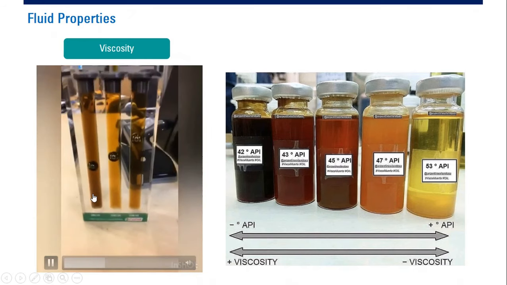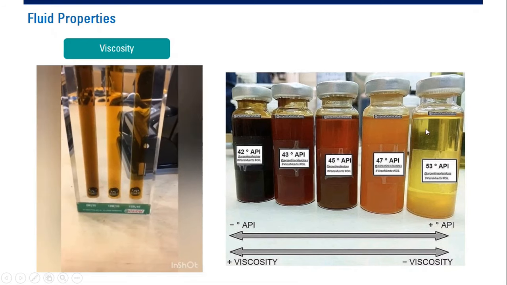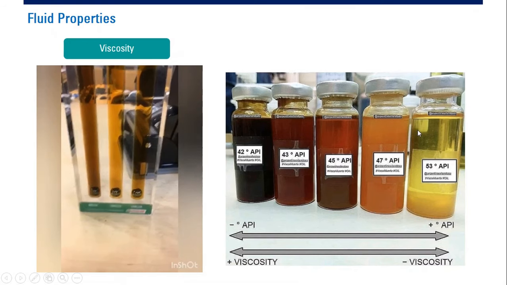And also the gravity or density. We usually measure the density in API degree. To the left we have lower, smaller API. To the right we have higher API. The left is heavier, the right is lighter.